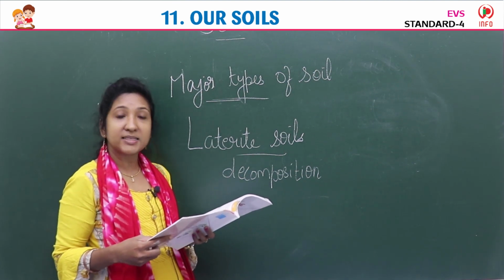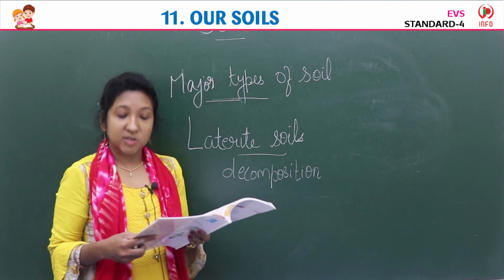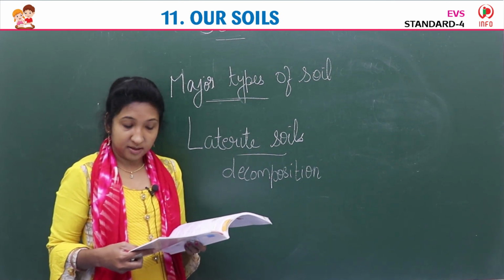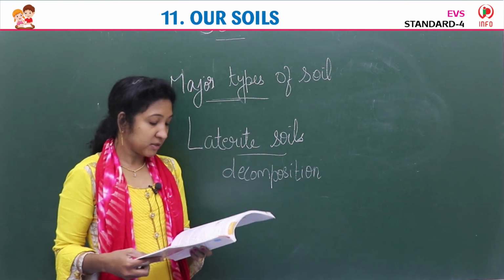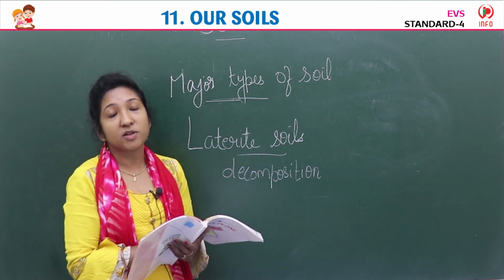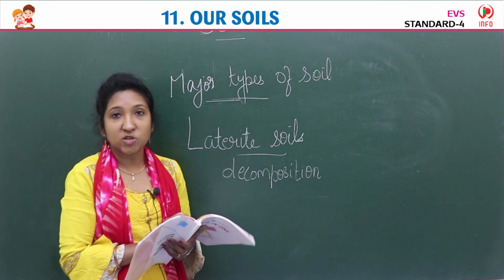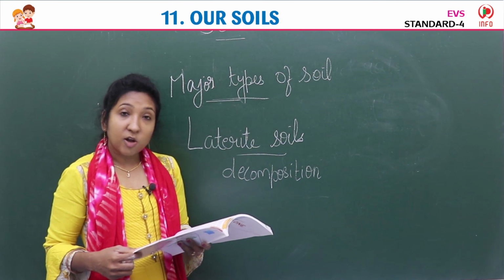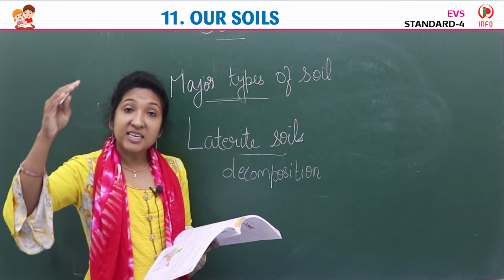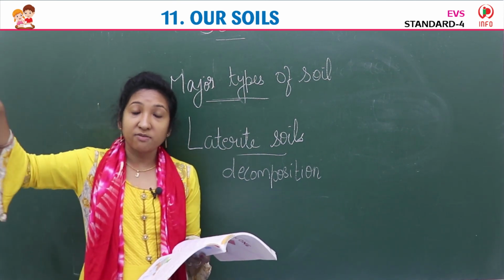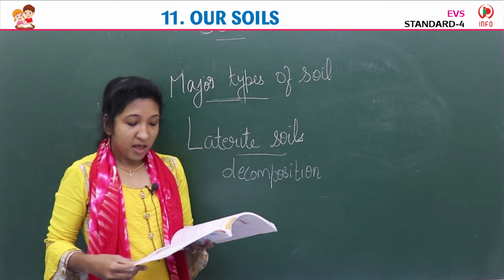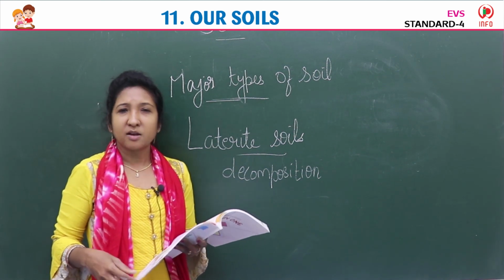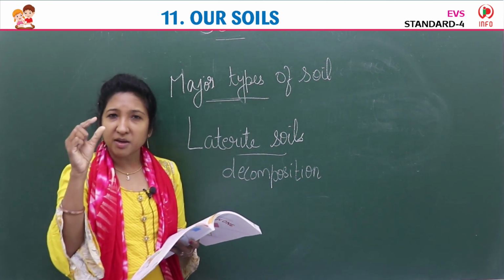So laterite soils are formed by decomposition, because of which they are found in black soil regions having heavy rainfall, and these rocks are completely leached out. Leached out means drained away, or washed away, having a high proportion of iron and aluminium as residue. Residue means some left parts or some remainings.